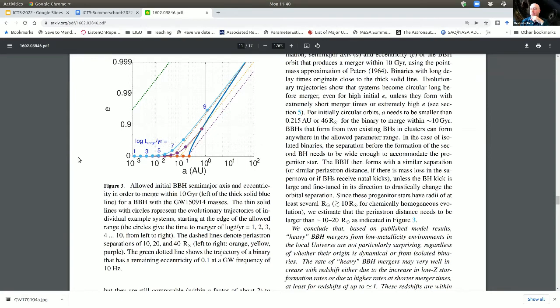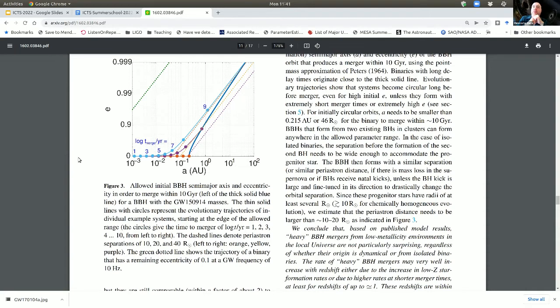So we've spoken about the fact that we can measure masses, we can measure spins, and we can also measure distance from the amplitude of the gravitational wave signal. From these, we can infer something about the sources. So this is what we're going to be using these measurements for, to look at the source properties.